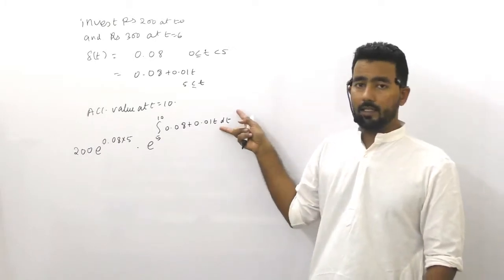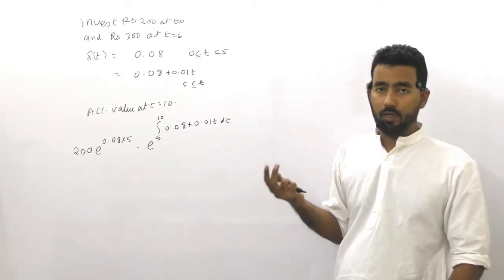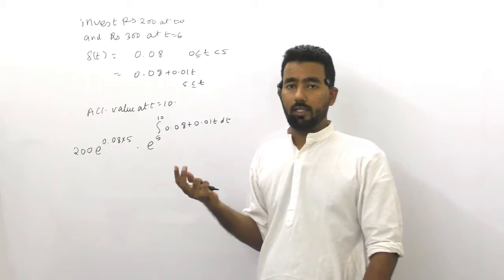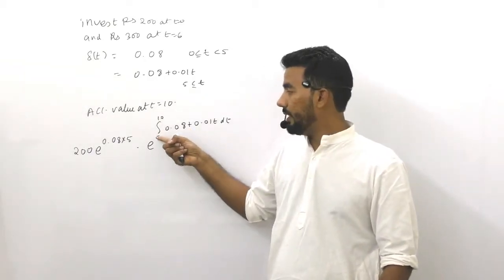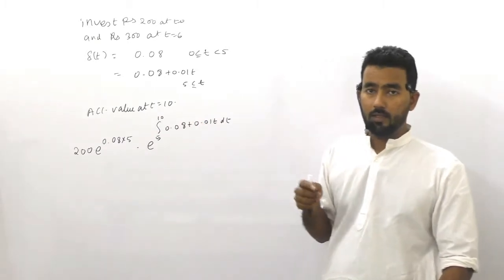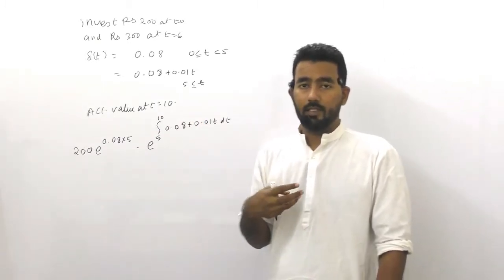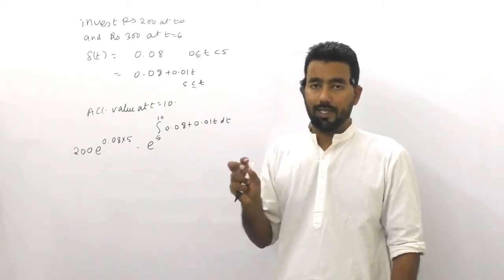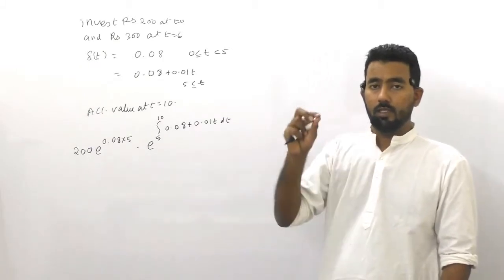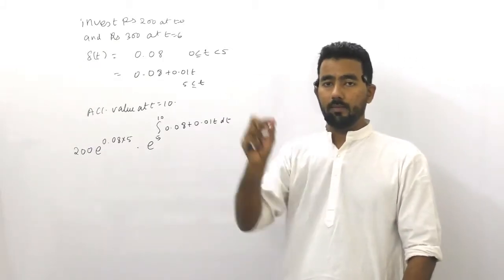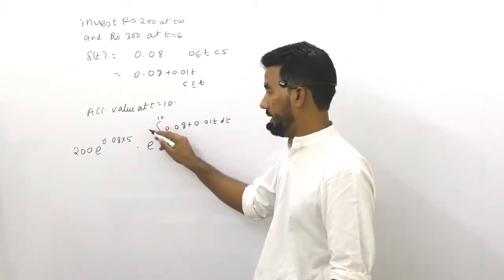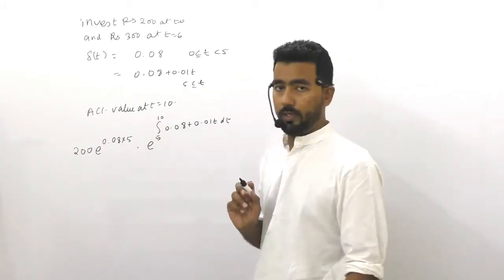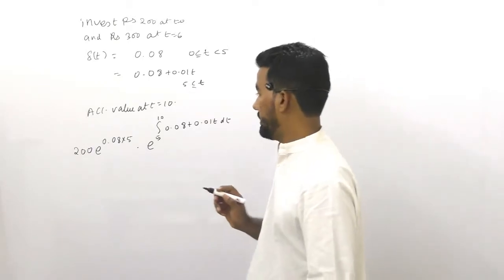Right now, since it is linear, it doesn't matter, but later on, be very careful. Whether it is linear or non-linear, always write the exact time from which you have to accumulate, till the time where you have to get the accumulated value. And that should not be negative, because here you're accumulating, so the value should be positive.